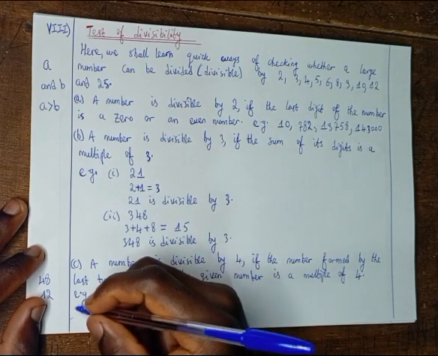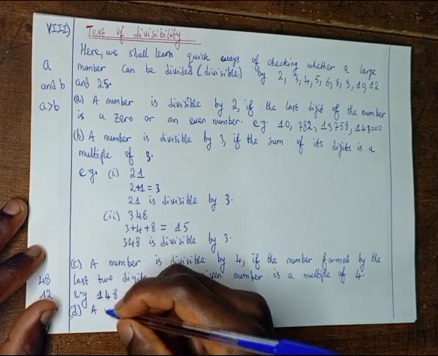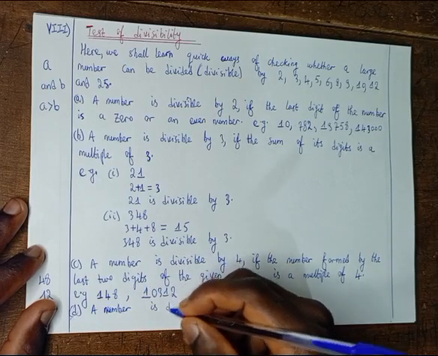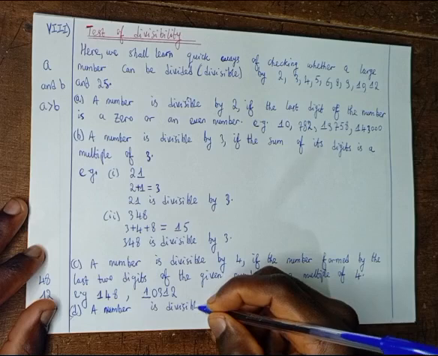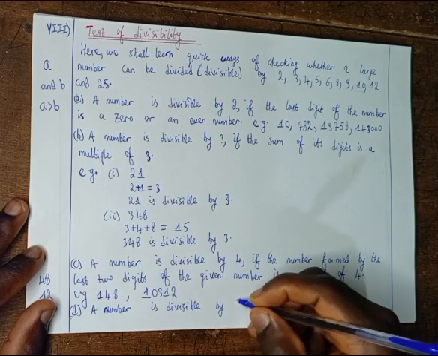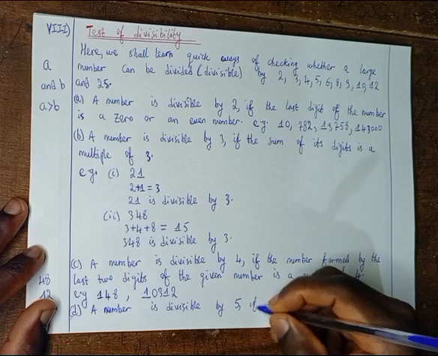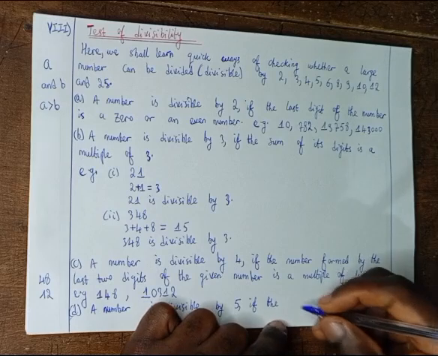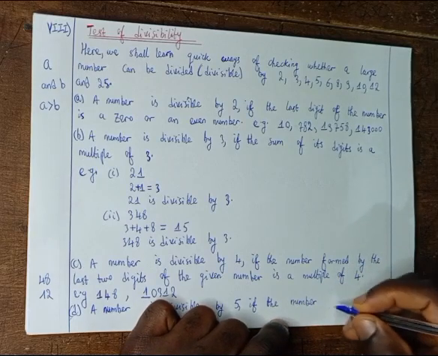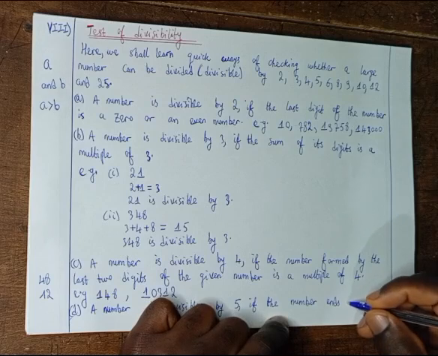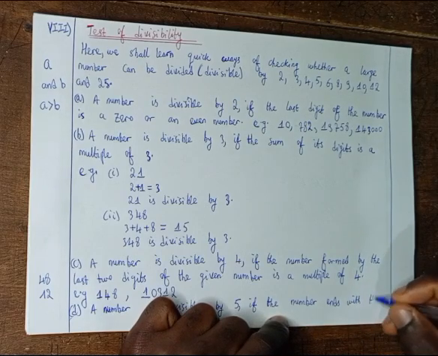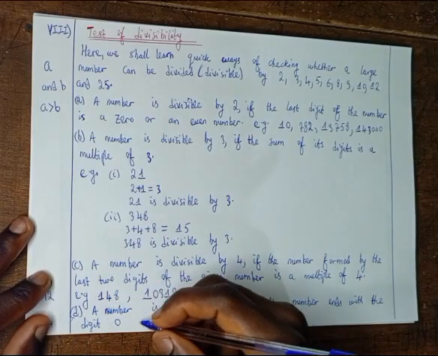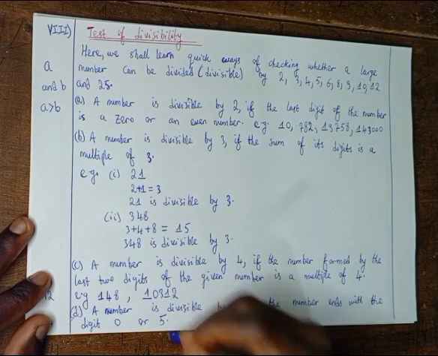We go now to the next one. We go to D. A number is divisible by 5 if the number ends with the digit 0 or the digit 5.